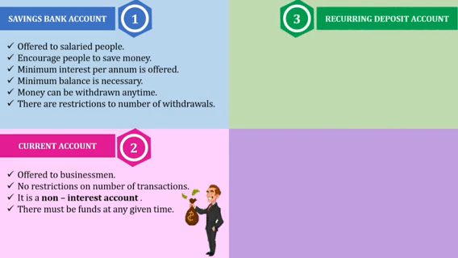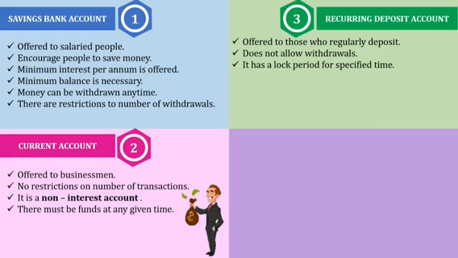Thirdly, we shall look at the recurring deposit account. It is offered to those who regularly deposit into the account at regular intervals, example, monthly, bi-monthly, or yearly. This account does not allow the account holder to withdraw from the account. It has a lock-in period for a specified time mentioned by the account holder.